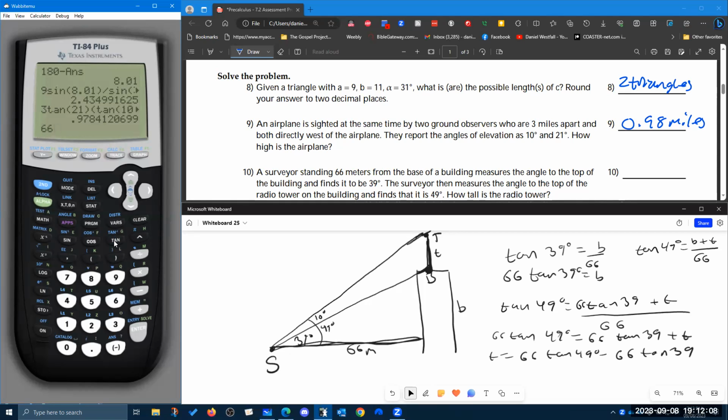Rounding this to 2 decimal places, the tower is approximately 22.48 meters tall.